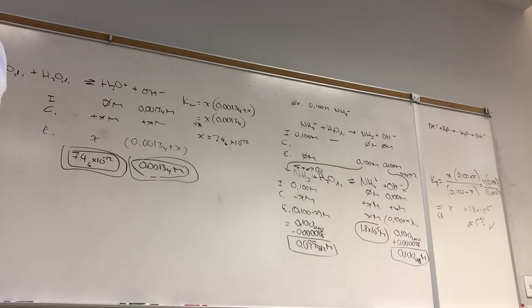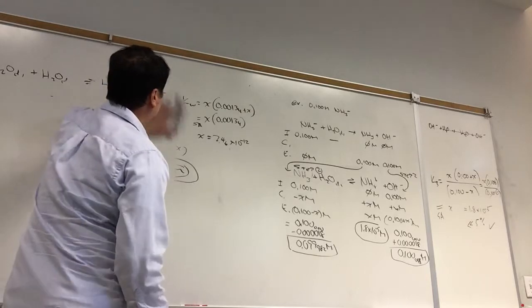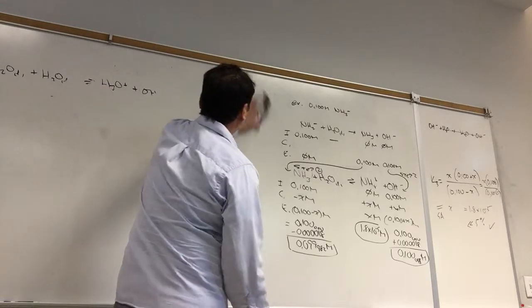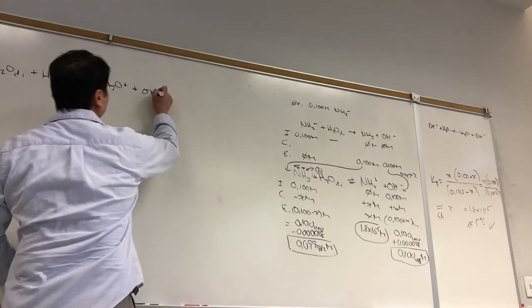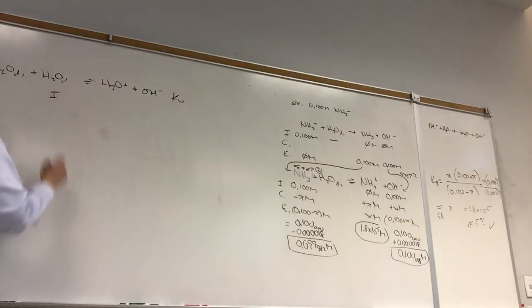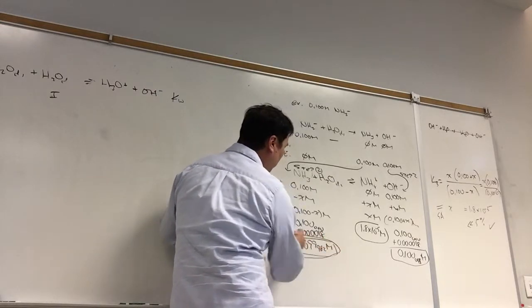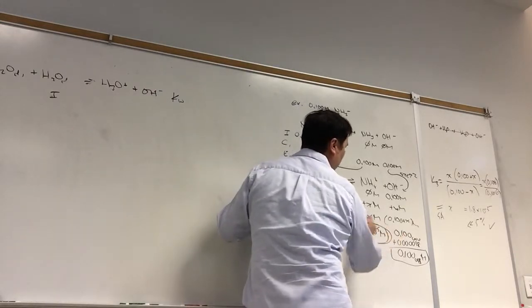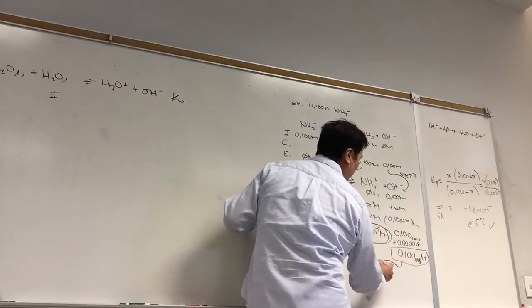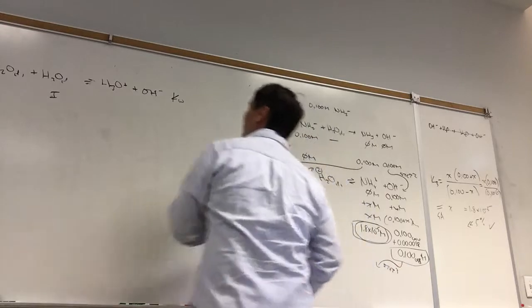All right, what's the next biggest hydroxide contributor? Will be water. And so the next step, this would be a step 3 here, is Kw. So what we're going to do is we're going to say, okay, this is going to be the end of the line for the ammonia. The ammonium is here, and then the hydroxide we're going to carry down to see how much additional hydroxide we're going to get from step 3.